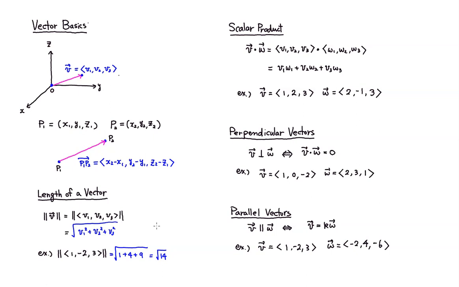Another important operation is the scalar product. It's basically a multiplication between vectors. Here's how it's defined.